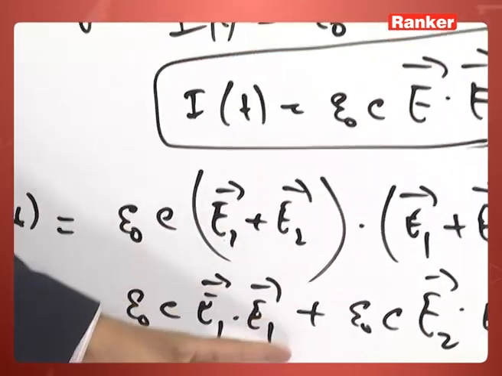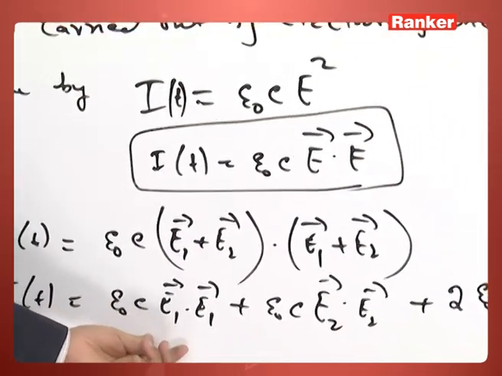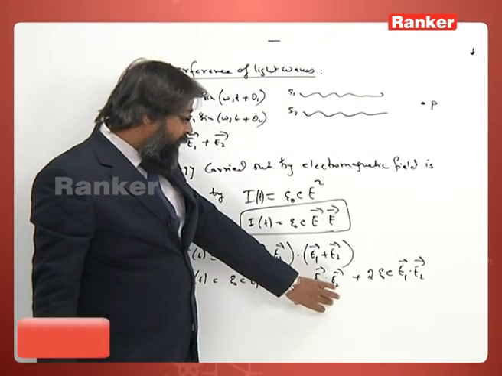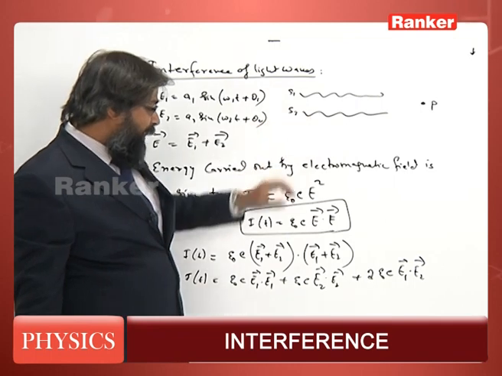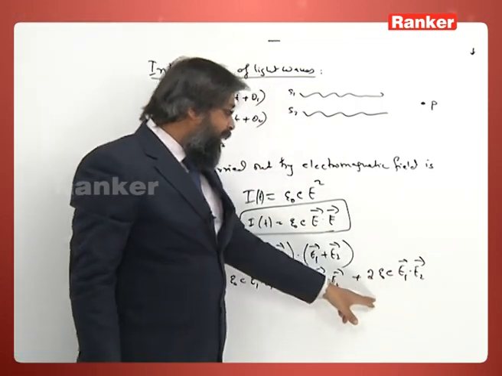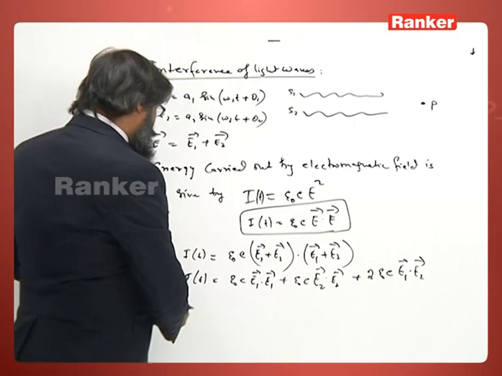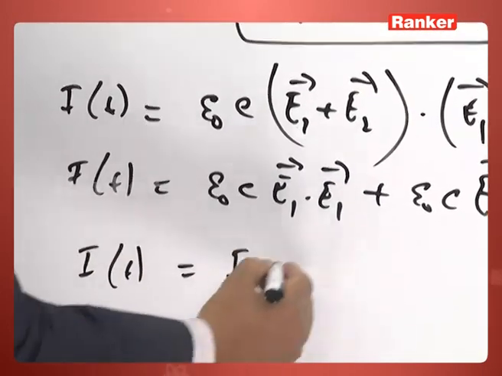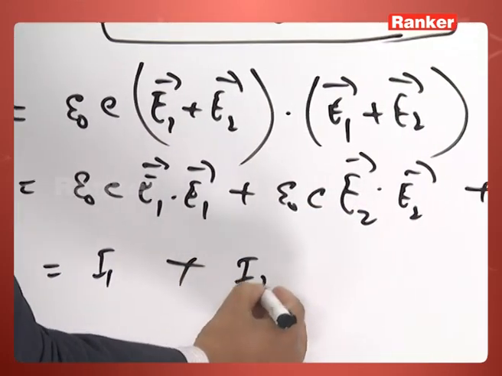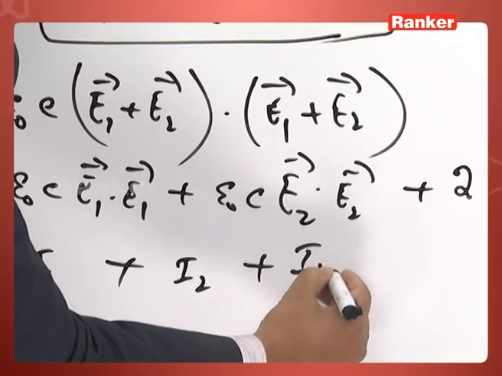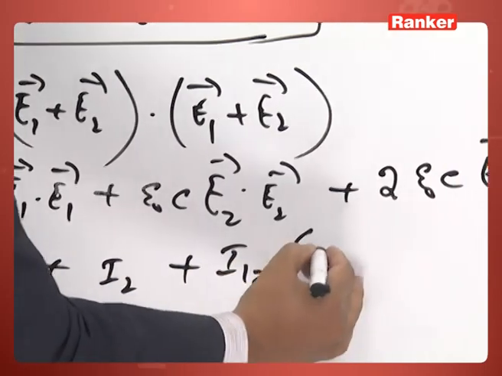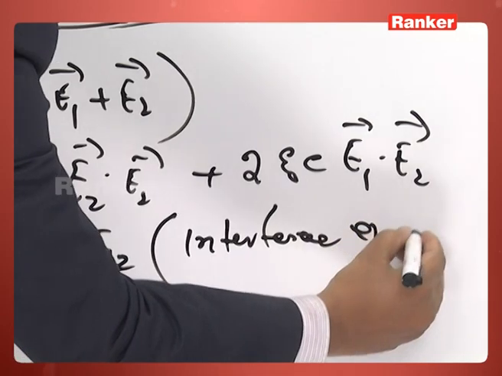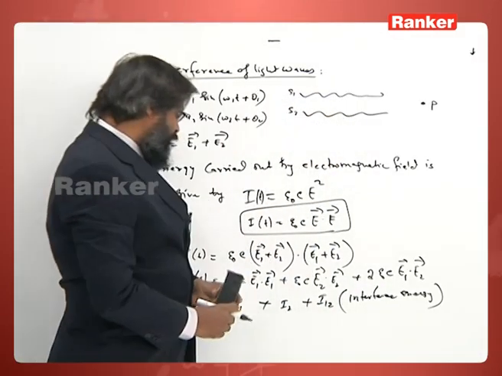This is the energy carried by the wave coming out from S1. It is the individual energy carried by S2 reaching there, and this term is called the interference term. So we will write this as I_T equals I1 plus I2 plus I12, which is called interference energy.